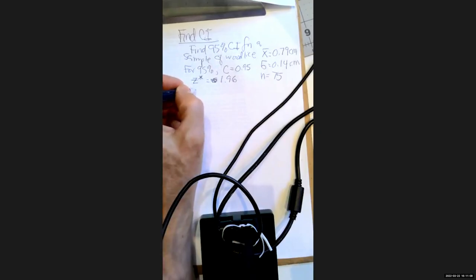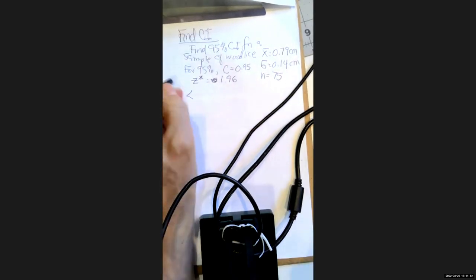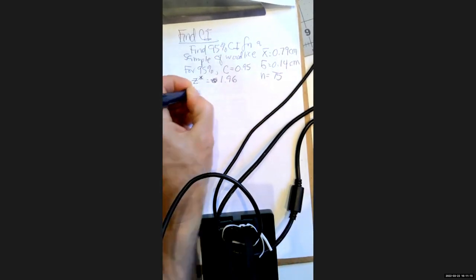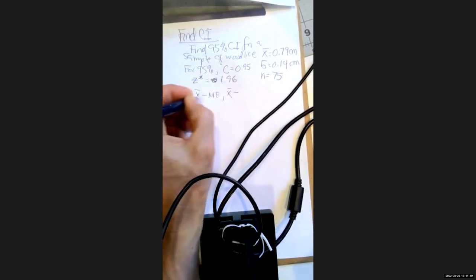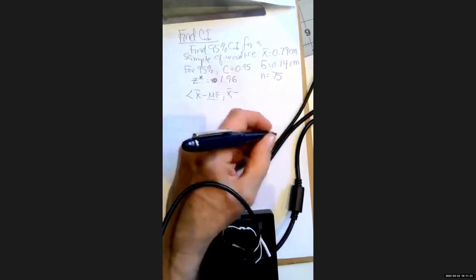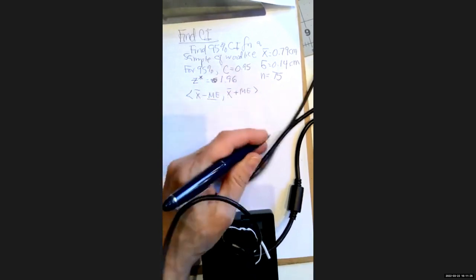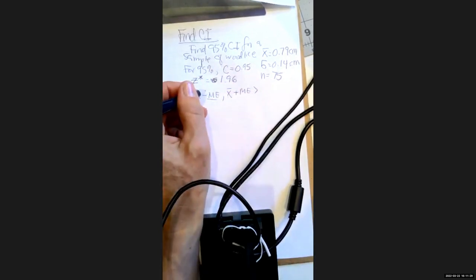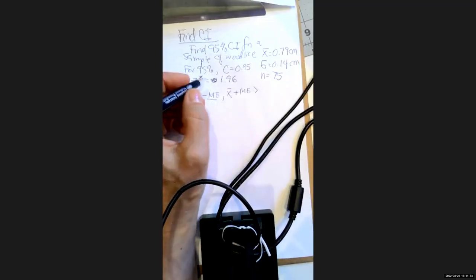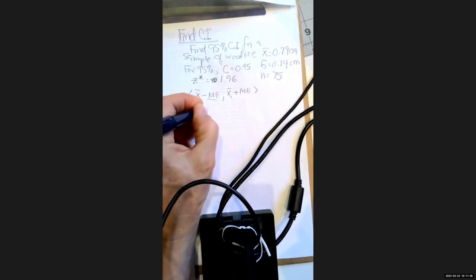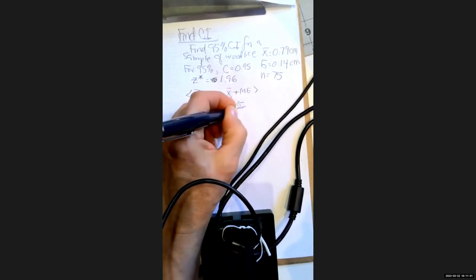So all we're going to do in order to find the confidence interval is we're really finding the endpoints of the confidence interval, which is going to be written X bar minus this margin of error and X bar plus this margin of error. And this is sort of interval math notation. So we are finding these endpoints of the confidence interval. The margin of error is going to equal Z star times sigma over root n.